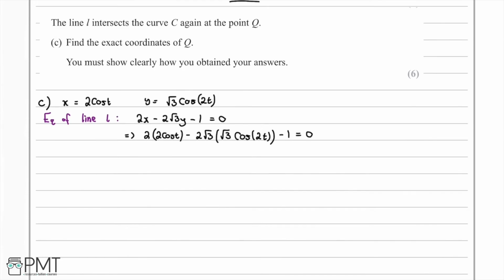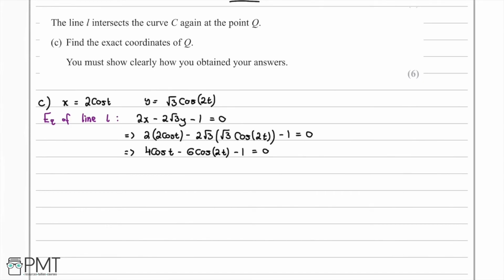Now we'll tidy this up a little bit by expanding the brackets. 2 multiplied by 2 cos t is going to equal 4 cos t. And then negative 2 root 3 multiplied by root 3 is going to give us negative 6 cos 2t. Then our negative 1 will remain on the end, and that's all still equal to 0.